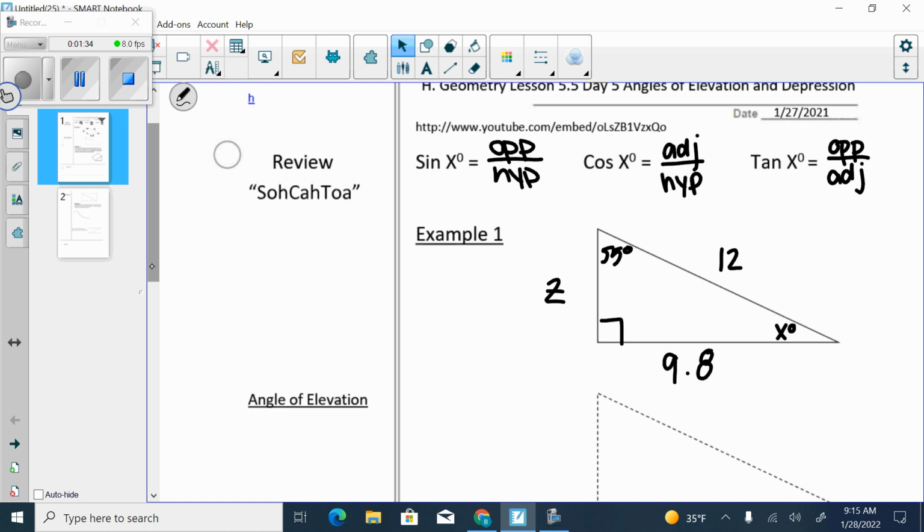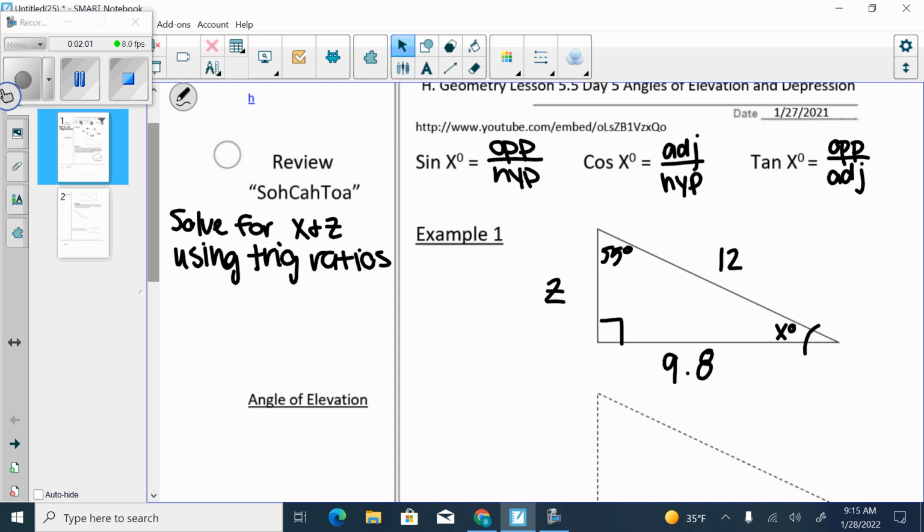Okay, so when we are working this problem, we are going to solve for both x and z using trig ratios. So let's find that missing angle x first.